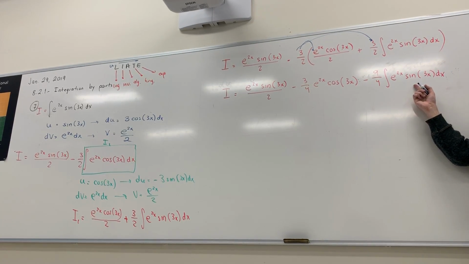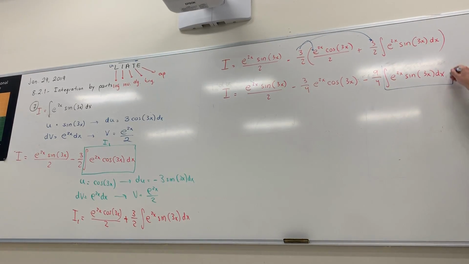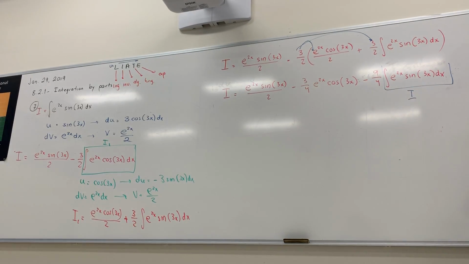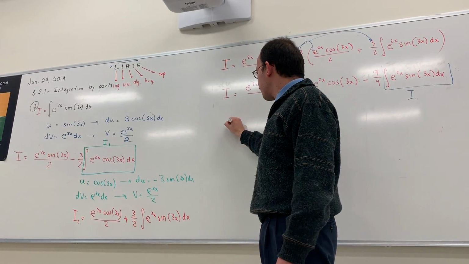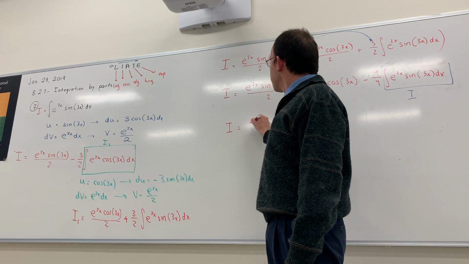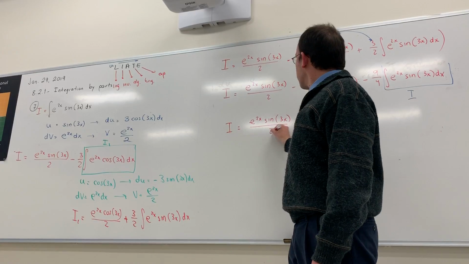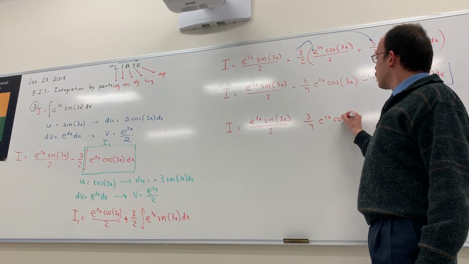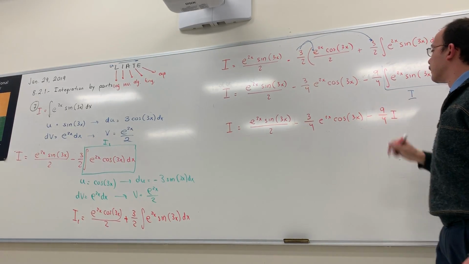Do I need to do it again? No. This integral is the same as the original one, which is I. I'm just putting every step so you can understand; you can skip some steps. So: e to the 2x sine of 3x over 2 minus 3/4 e to the 2x cosine of 3x minus 9/4 I.